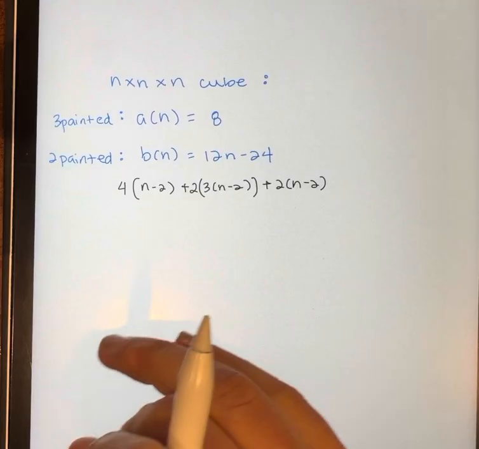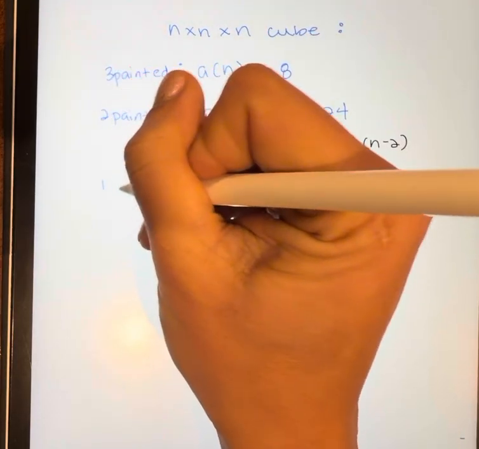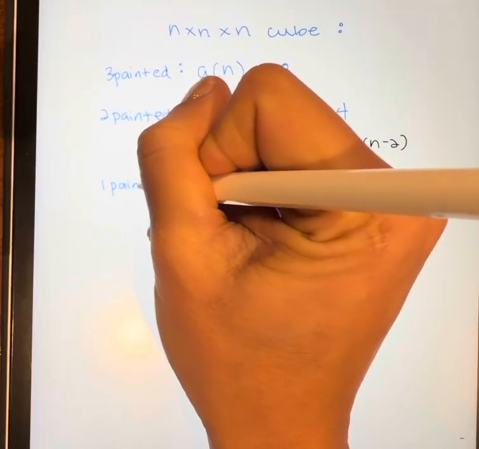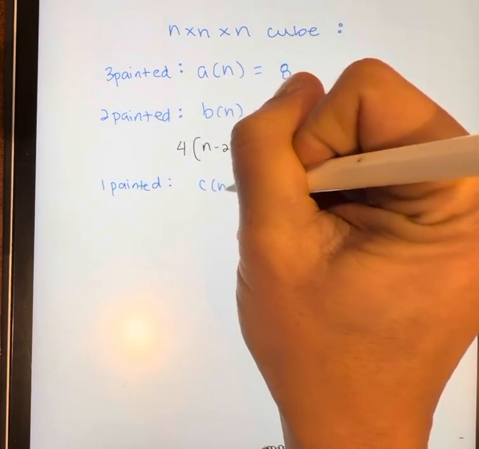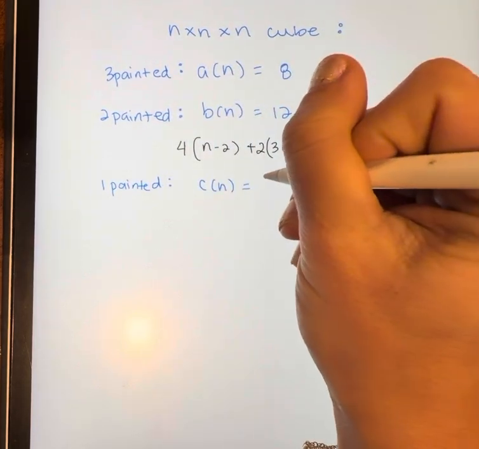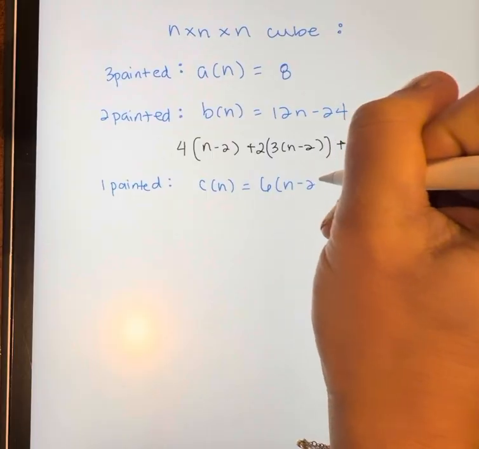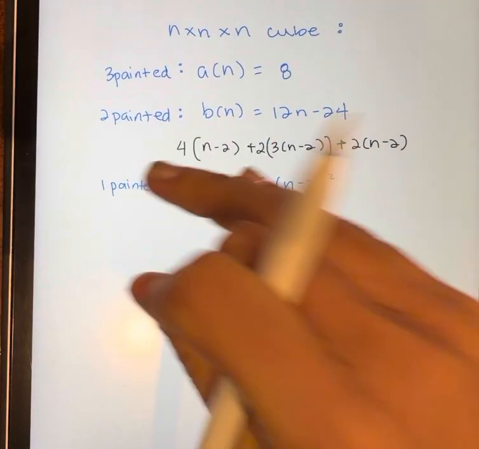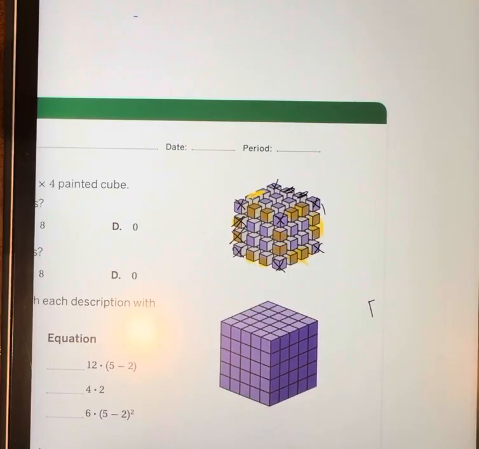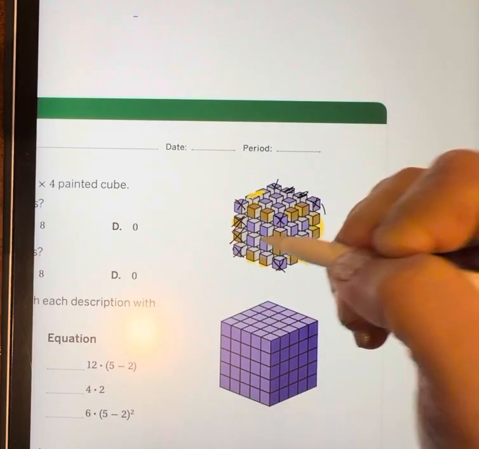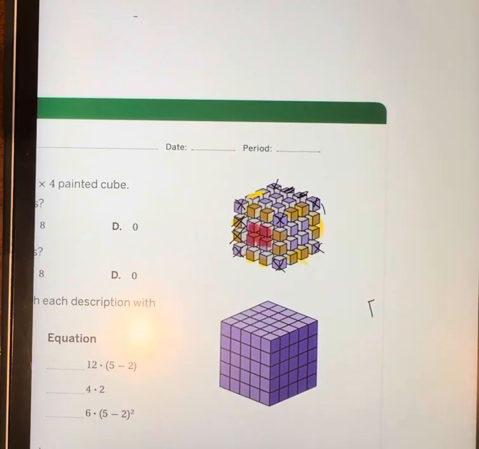Okay? And then for how many have one face painted, we got ourselves the function c of n being 6 times n minus 2 squared. This one luckily was not as tricky as the last one. So for this one, how many have just one? Well, let's take a look. I'll make it red. It's in the middle, right?